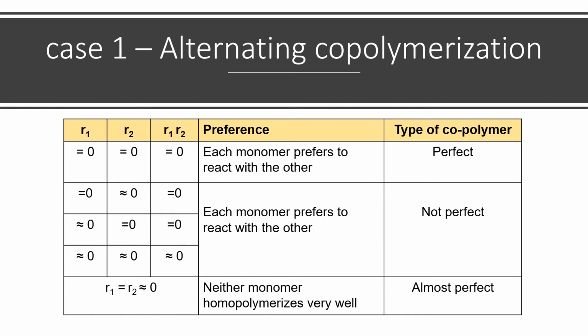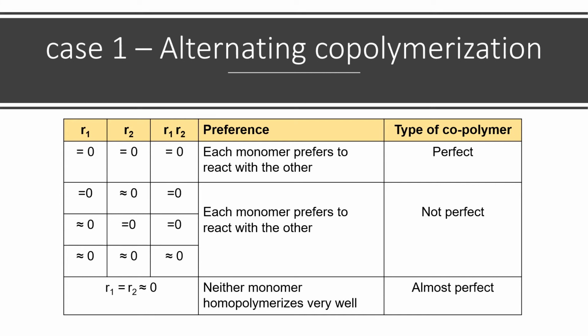Then the second one, if the reactivity of monomer 1 is almost equal to 0 or equal to 0, while monomer 2 is vice versa, each monomer prefers to react with the other, so it will produce a not perfect alternating copolymerization.